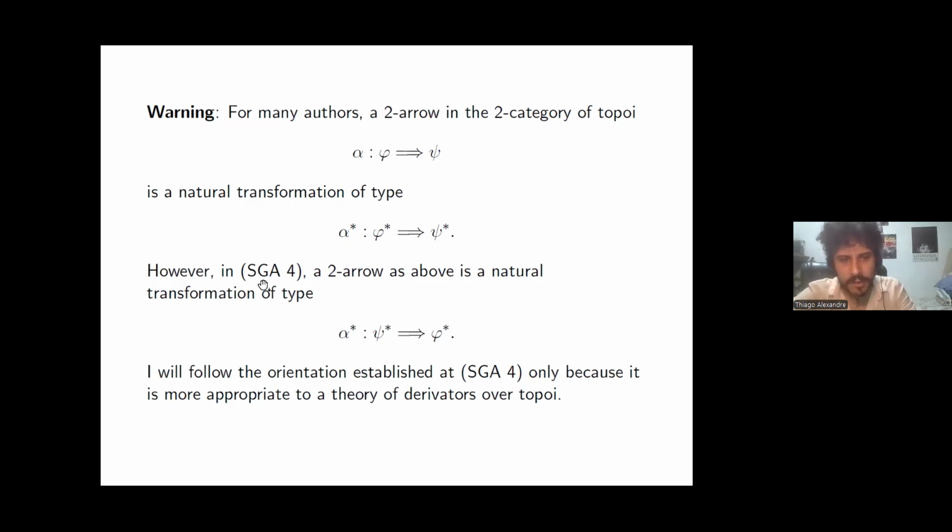However, in SGA 4, where the topos was introduced for the first time, a 2-arrow as above is actually a natural transformation in the other direction. So I follow the orientation established in SGA 4 only because it is more appropriate to the theory of derivators over toposes.